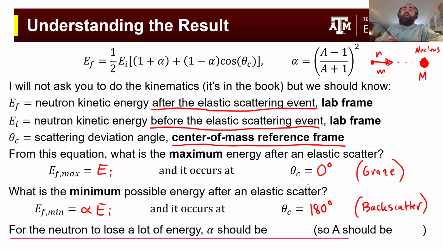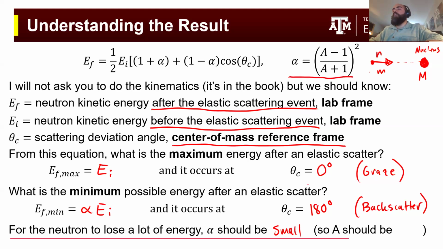And we know how to calculate alpha. So if we want the neutron to have a minimum energy here, then that means that alpha should be very small, right? If alpha is a small number, then we're going to have a small number multiplying the initial energy, and that's going to make the final energy as small as it could be. And for alpha to be small, this is our definition of alpha.